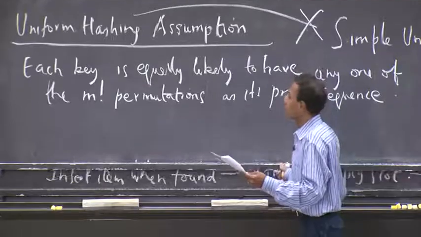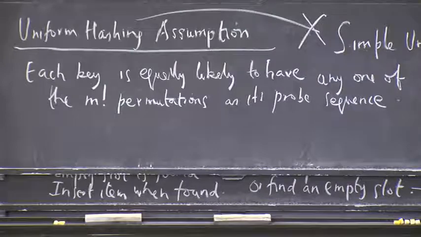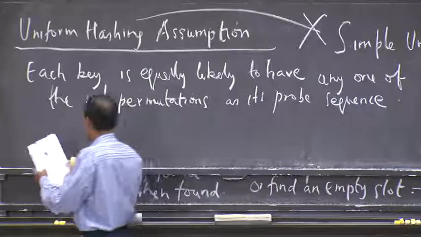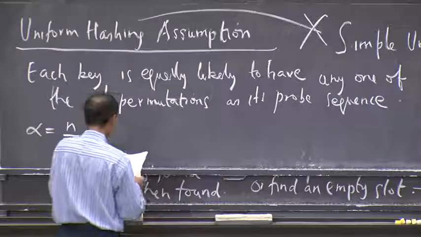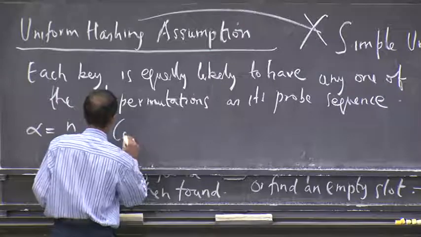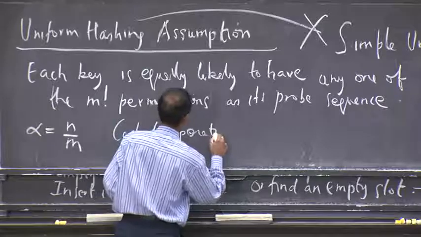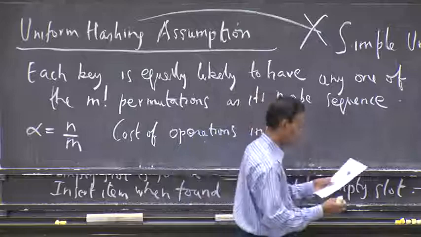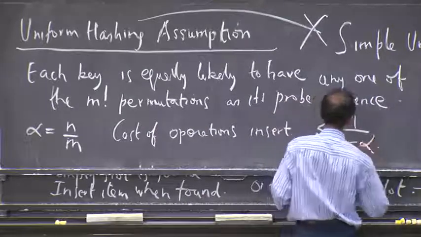So what does this imply? Assuming that you have this, and double hashing gives you this property to a large extent, what this means is that if alpha is n over m, you can show that the cost of operations such as search, insert, delete, etc., and in particular we'll talk about insert, is less than or equal to 1 divided by 1 minus alpha.